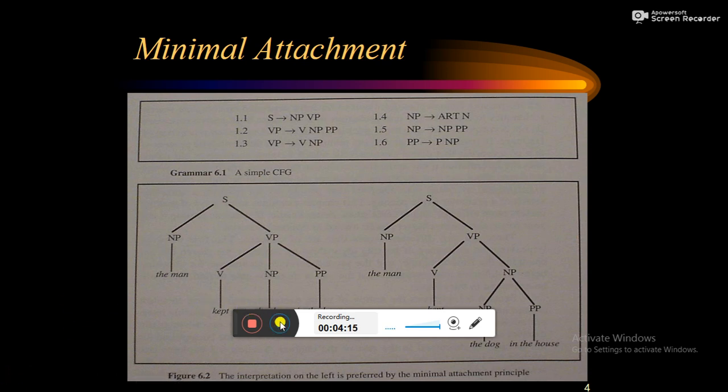The tree representation which will get selected is the one which has the minimum number of nodes in the parse representation, and that is why it is called the minimal attachment principle, which states that there is a preference for the syntactic analysis that creates the least number of nodes in the parse tree.